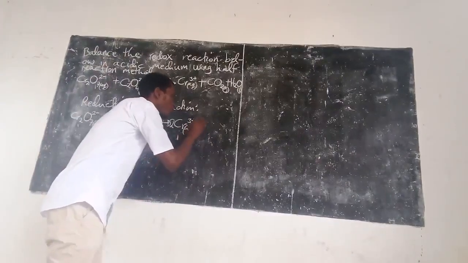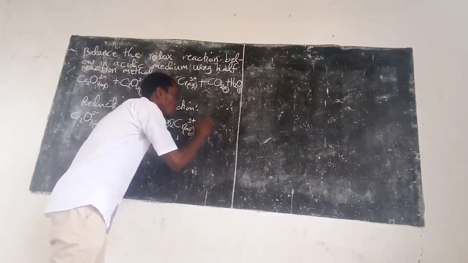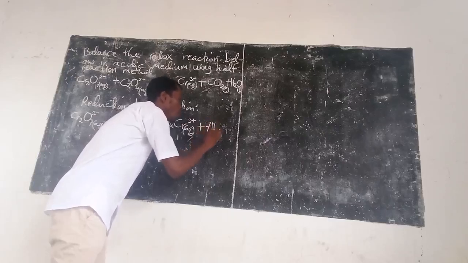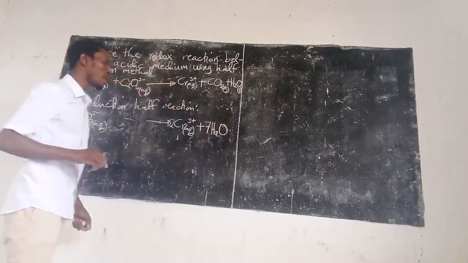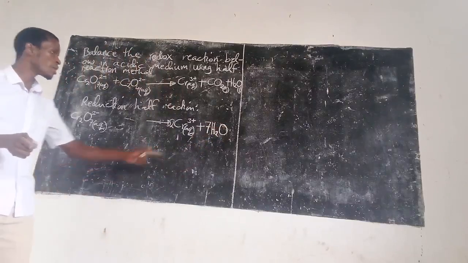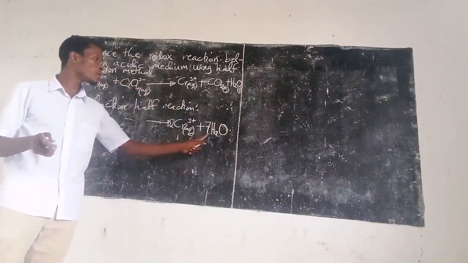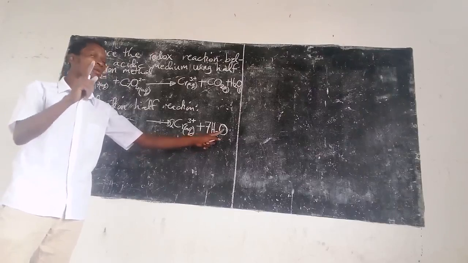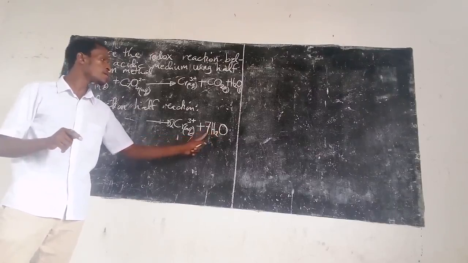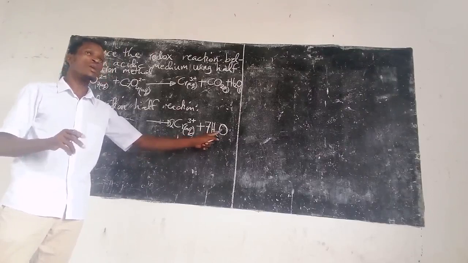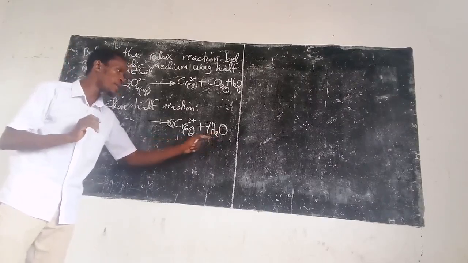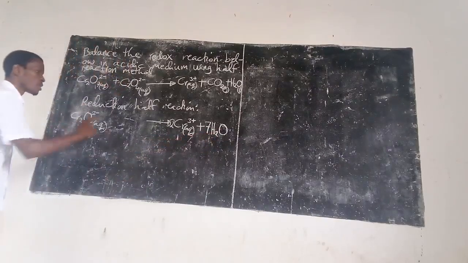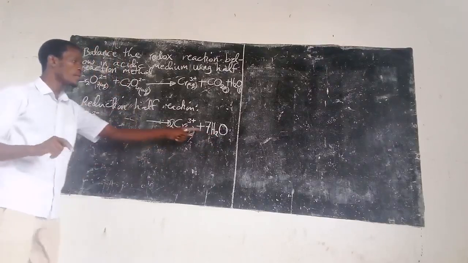So we add 7 water molecules to the product side. Why? Because each water molecule contains only 1 oxygen atom. By adding 7 water molecules, we have added 7 oxygen atoms.